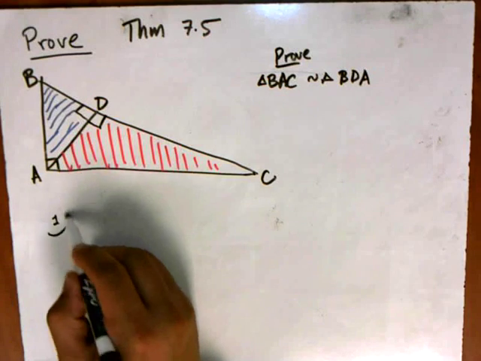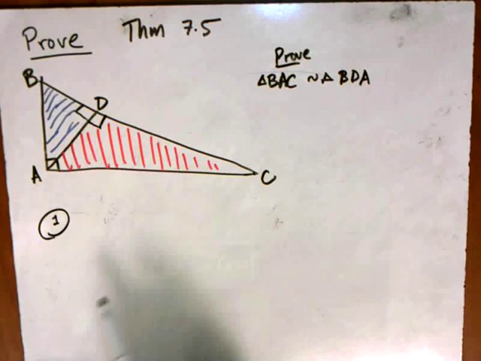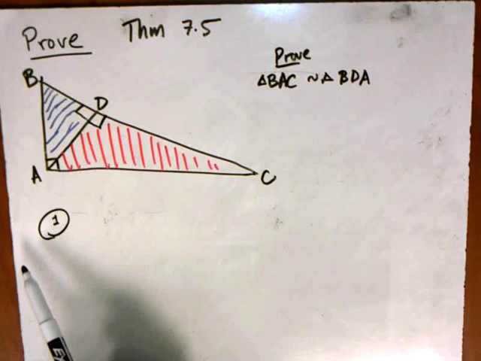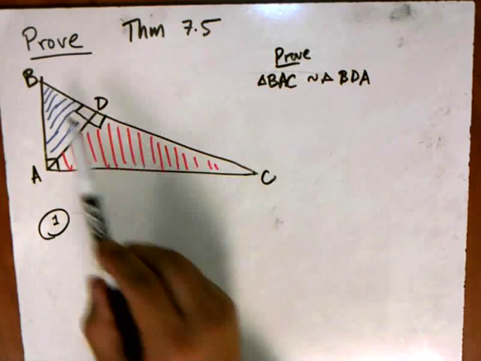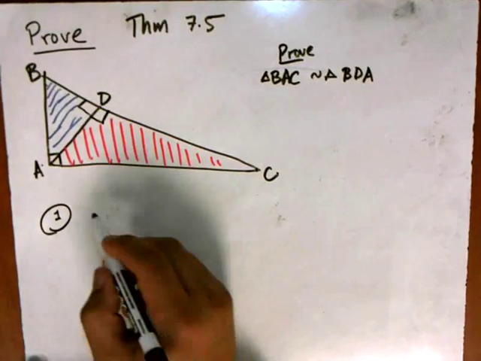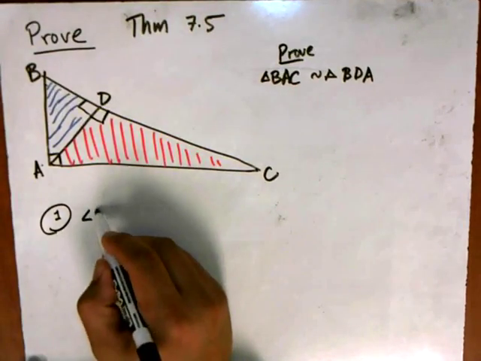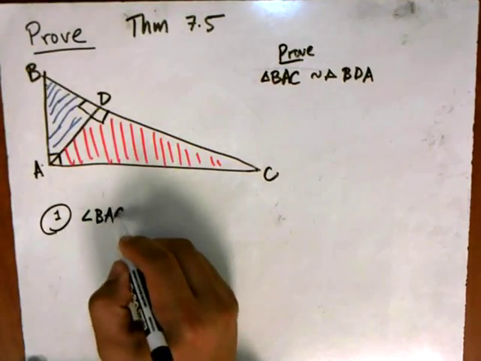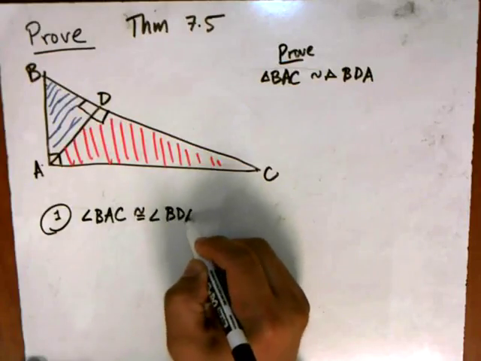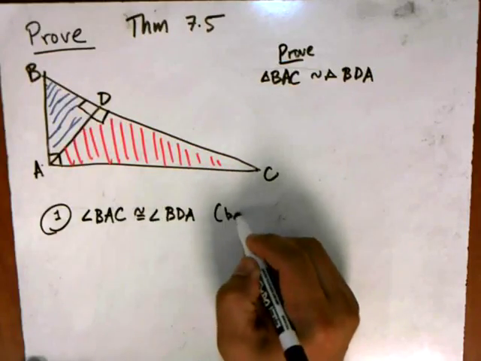Step 1, I can say that angle BAC is congruent to angle BDA since they're both 90 degrees, because they're both right angles.